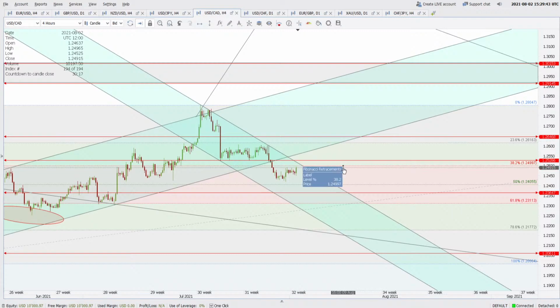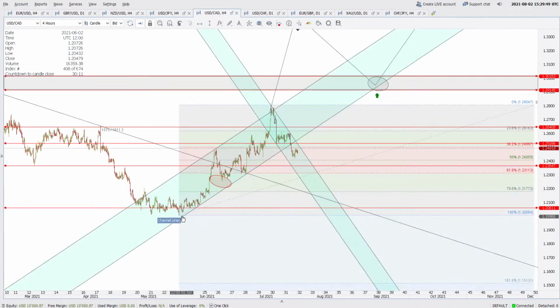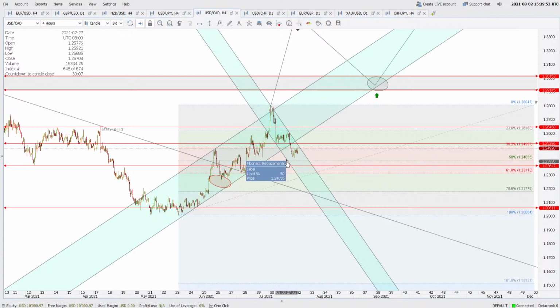On the downside, we have the 50% level of the previous rise, that is 1.2405. It can offer some support to the price, because those who are following Fibonacci levels may try to open some long positions here. Otherwise we have 1.2364, which is the previous support and resistance level, and we have marked it on the chart with the price marker.